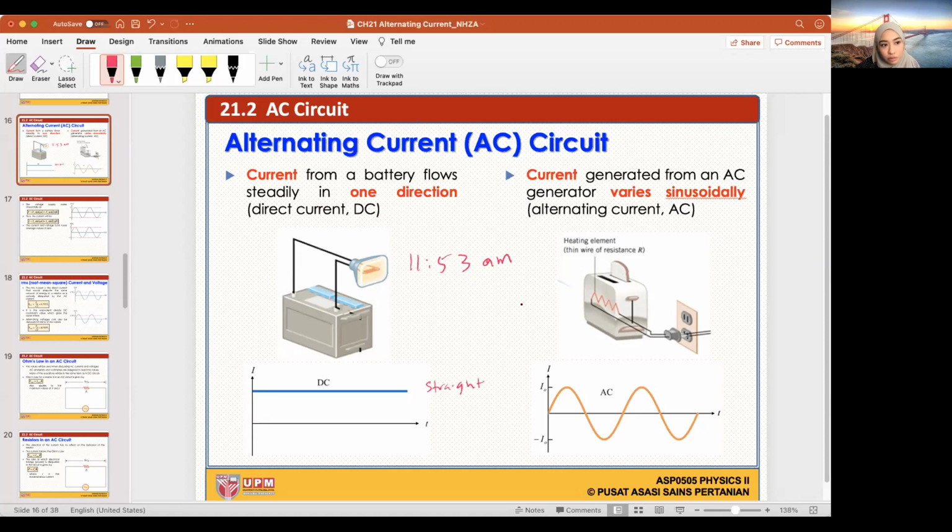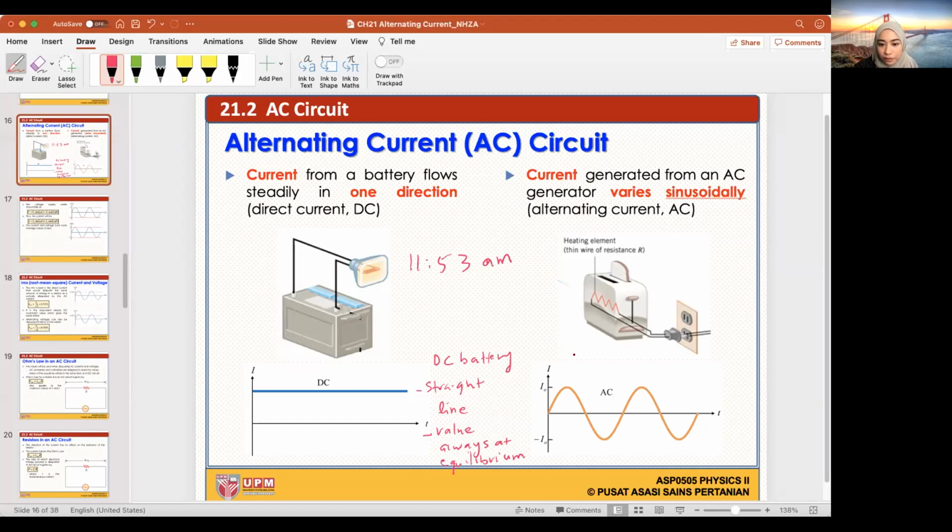It's not sinusoidal because it's supposed to be stable at equilibrium, a straight line. At equilibrium here means the value does not change. It does not mean zero. Straight line, value always at equilibrium, meaning it does not change. So this is for a DC battery, the current coming from a DC battery.